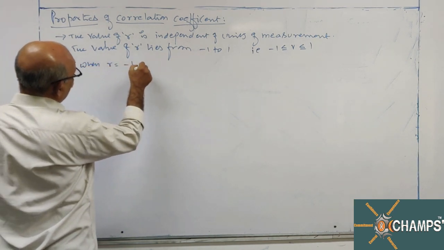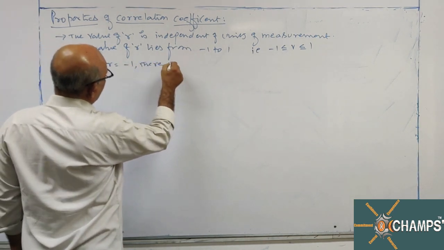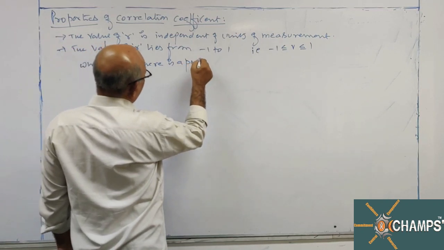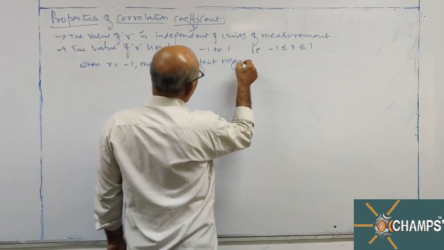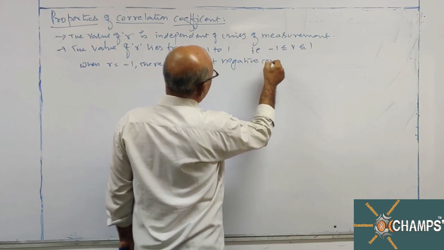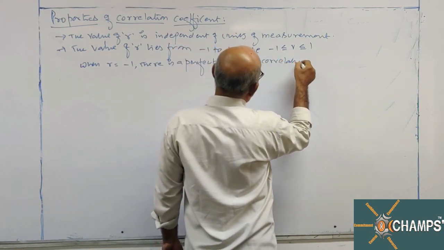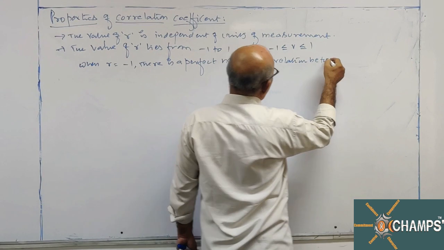When R is equal to -1, there is a perfect negative correlation between the two variables.